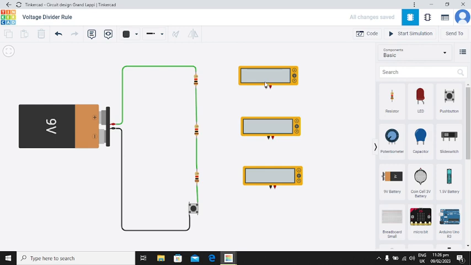For this is multimeter, and multimeter 1, multimeter 2, multimeter 3. This is negative and this is positive. So first of all I'm going to connect the negative terminal of multimeter, negative connected, and same for resistor 3.